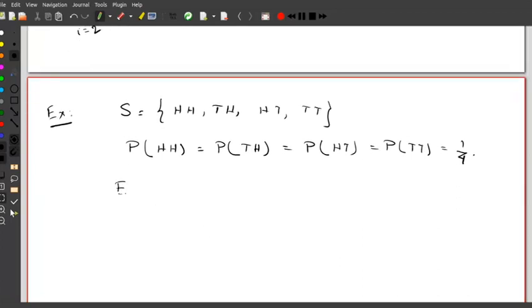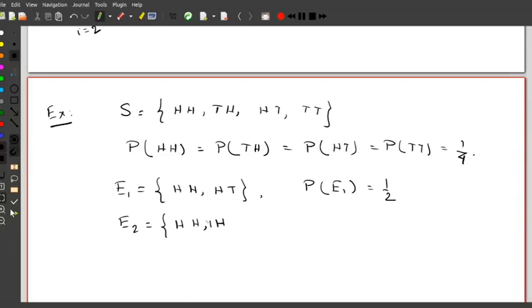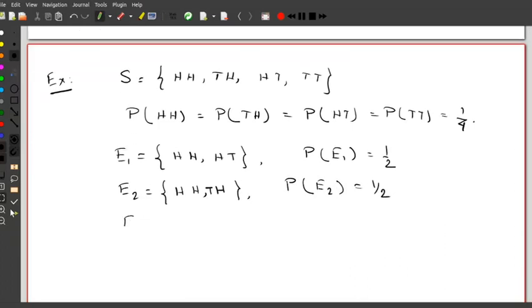Well, now we consider E1, which is basically the first outcome is head, and it is clear that the probability of E1 is half. Then E2, the second one is head, so P of E2 is also half. And the third event E3 is both the outcomes are same, so in this case also the probability is half.